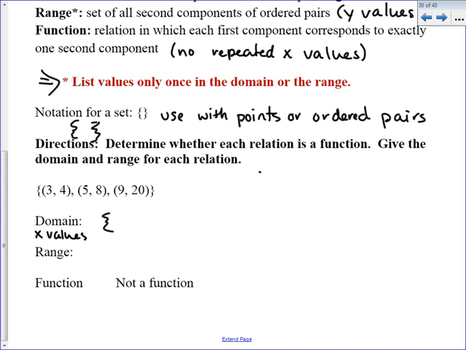So the x values, just in case you don't remember, it's x first and then y. So the x values are 3, 5, and 9. And they happen to be in order. That's how you'll see the answers in the back of your book. I'm not picky on that. If you don't get it smallest to largest, I won't take off for that. But generally, smallest to largest.